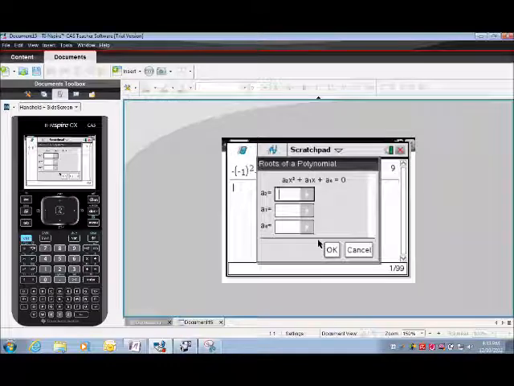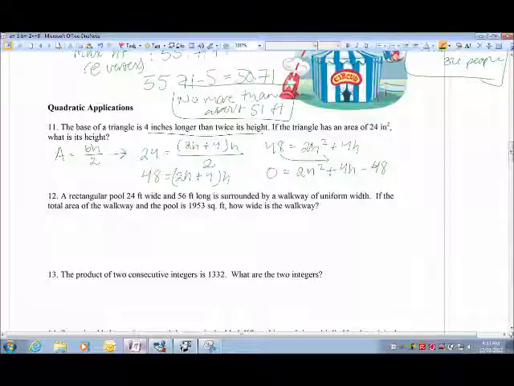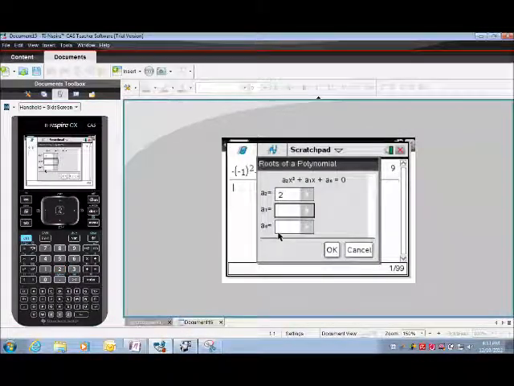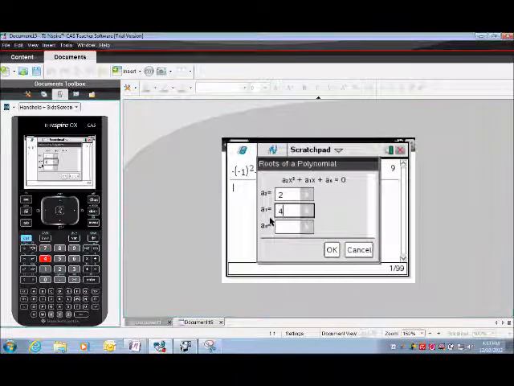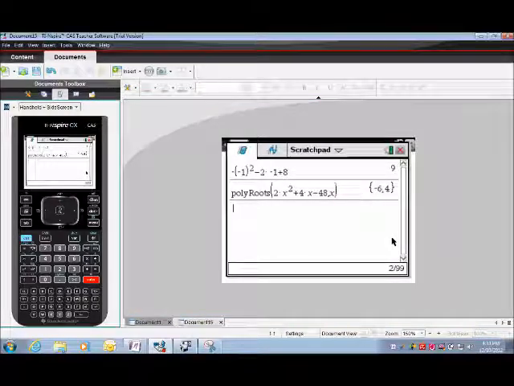So the a value of our function was 2. If you go back and look, you see that a is 2, b is positive 4, and c is negative 48. So we're going to put positive 2, positive 4, and negative 48. Hit OK. And then you see our polyroot functions. Double check to make sure your function's okay and hit enter.